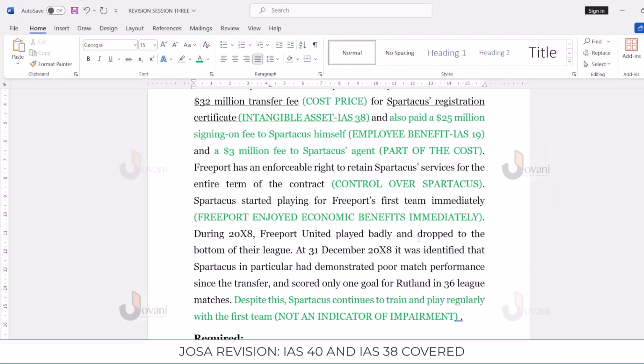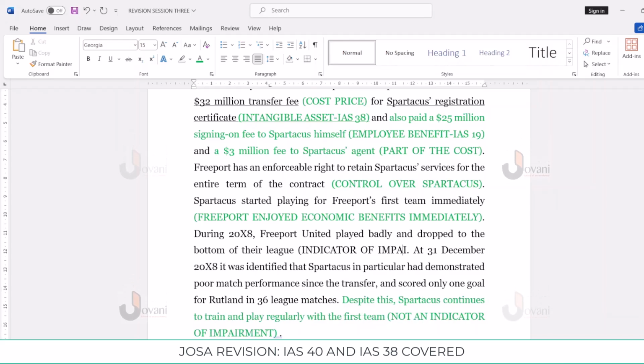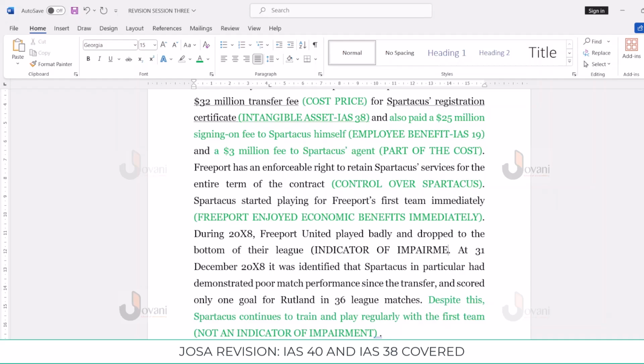During this, Freeport played badly and dropped to the bottom of the league. This can be an indicator, right? Indicator of impairment of a CGU.